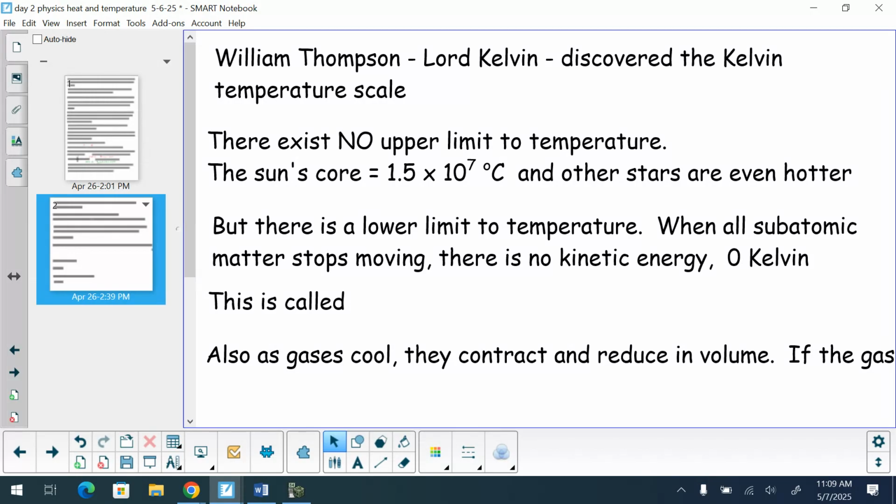You have electrons and neutrons that are still orbiting and spinning around there, and protons. When you hit 0 Kelvin, those electrons, neutrons, and protons stop moving. They stop spinning around the nucleus. They are just there. That happens at 0 Kelvin.